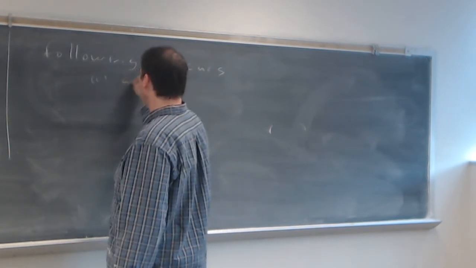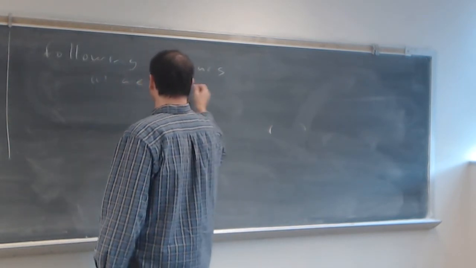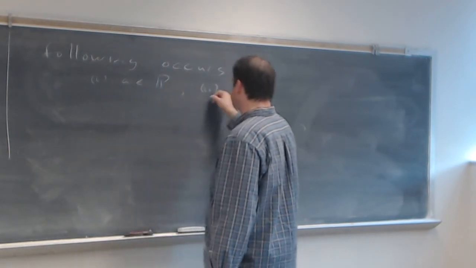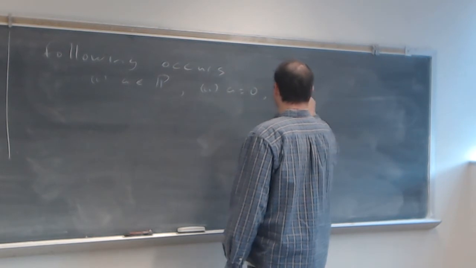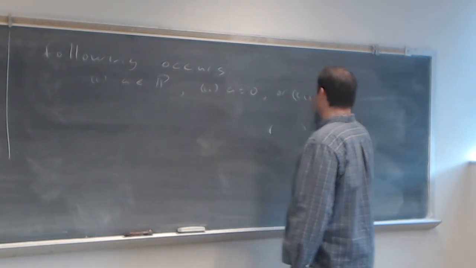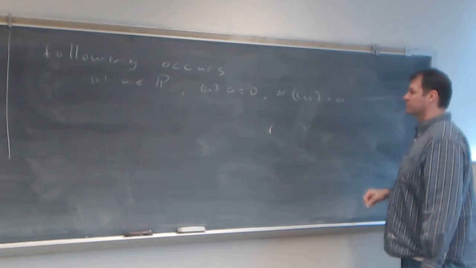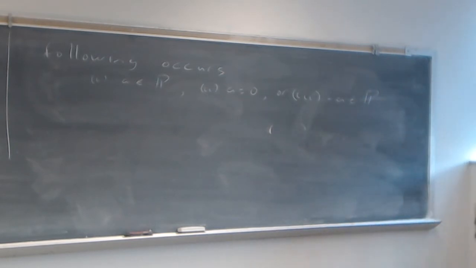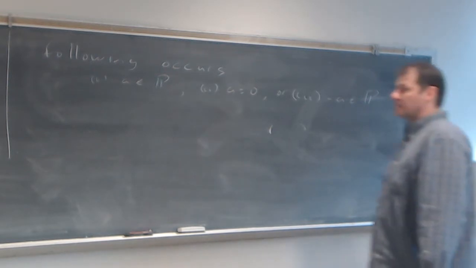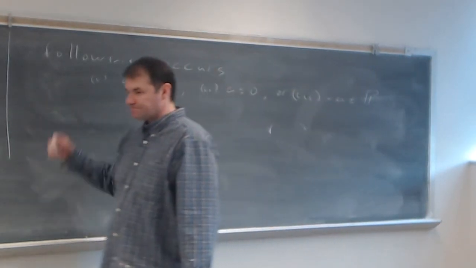Either A is a positive number, or A is 0, or the third thing that could happen is the additive inverse for A, minus A, is a positive number. And that establishes the positive numbers.